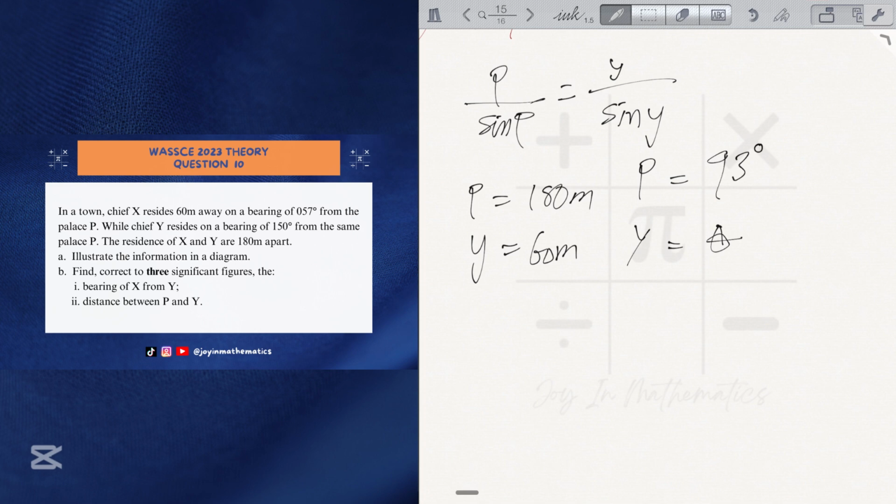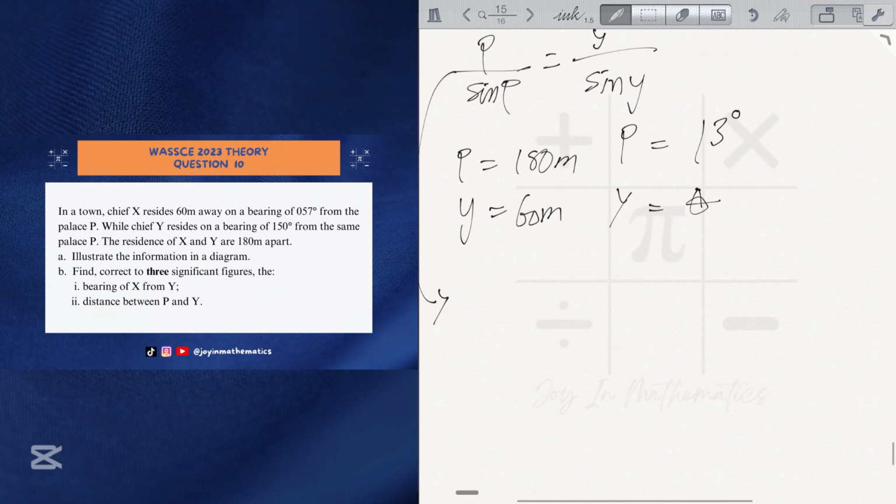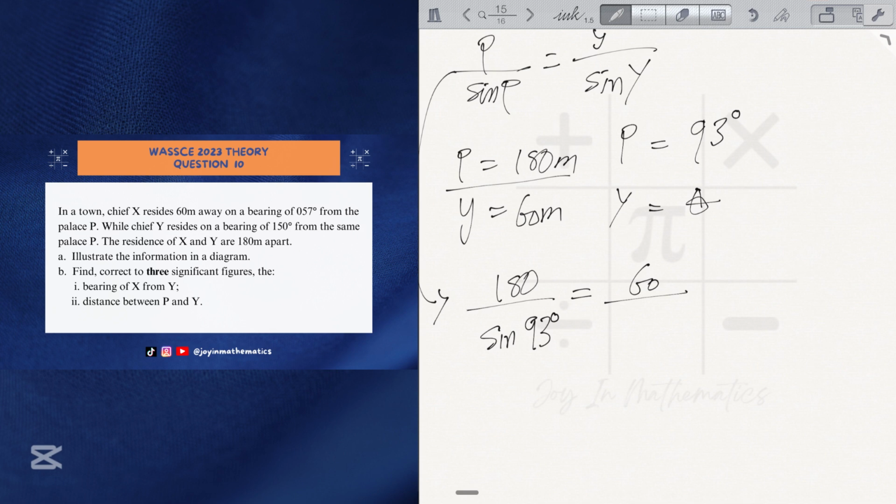So we make our substitution to find the value of theta. So that's 180 divided by sine 93 degrees is equal to 60 divided by sine theta.